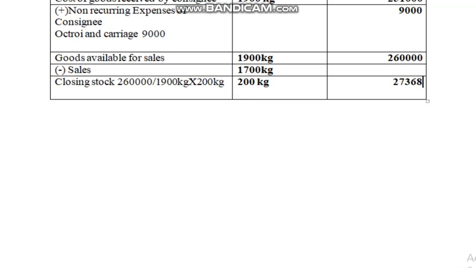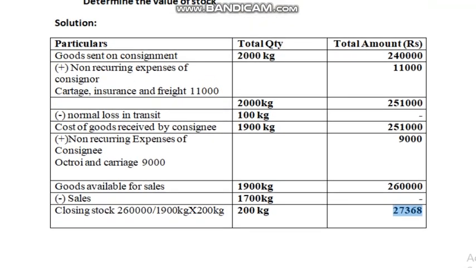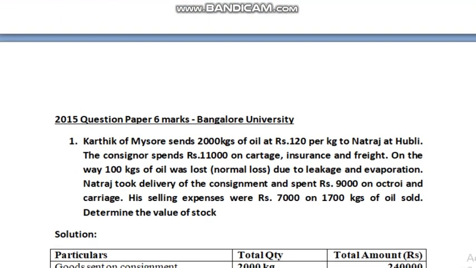This is the value of closing stock. While deducting sales, only deduct the total quantity and not the total amount. So closing stock will be 200 kg and the value of the closing stock is 27,368. So this is the solution for this problem.